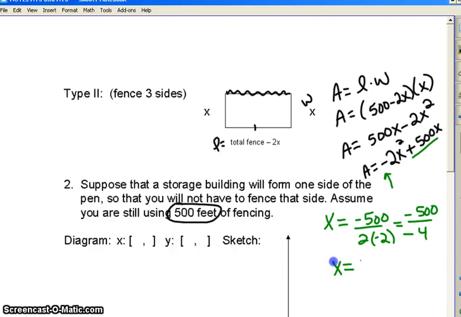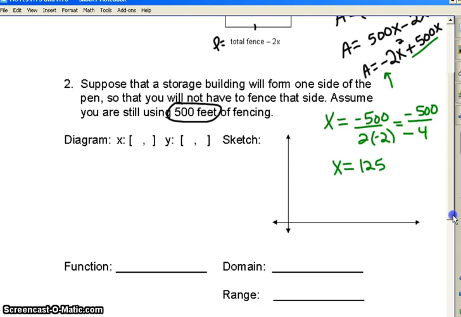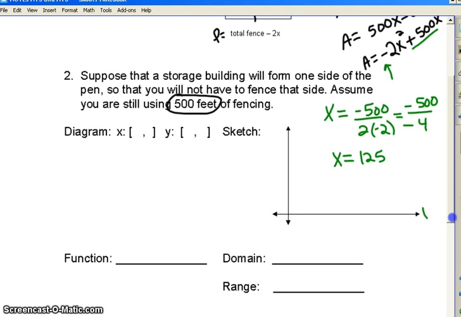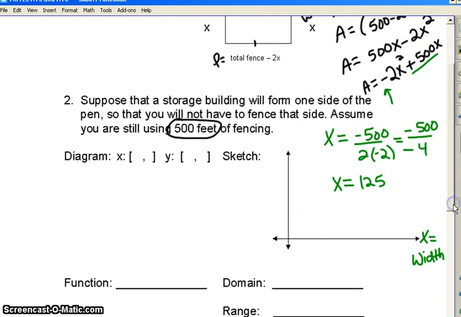So x equals 125. Okay, remember we're looking for x on the x-axis. X is measuring the width. Okay, and using the formula for the vertex, we just found out that the vertex is going to be at x equals 125 feet.